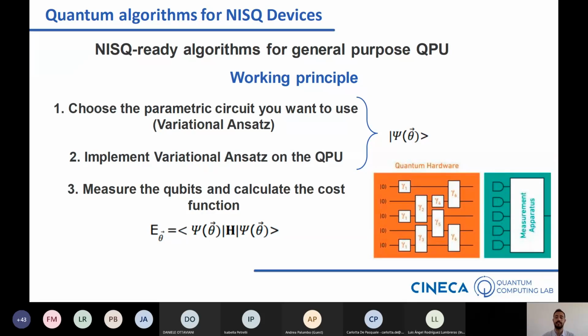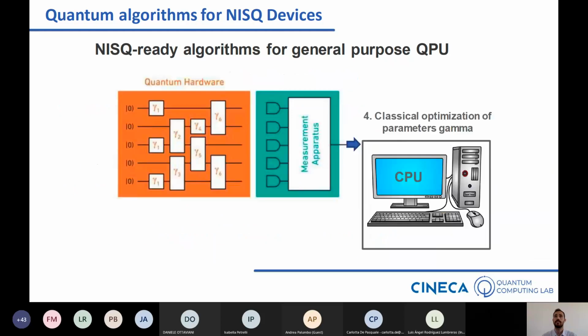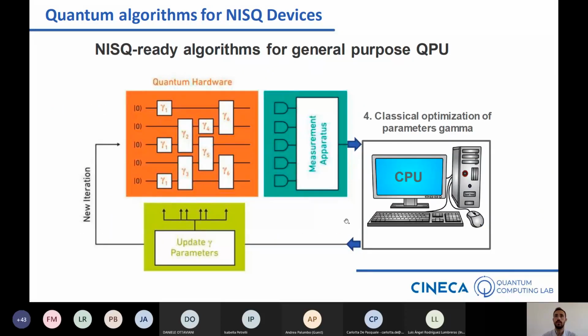The aim of everything is to optimize your circuit. So this is the loop: you start with random parameters gamma, then you optimize again and again, with the aim of finding a circuit, which means a quantum state, that solves your problem, or in other terms, that minimizes your cost function. That is optimal for your cost function.